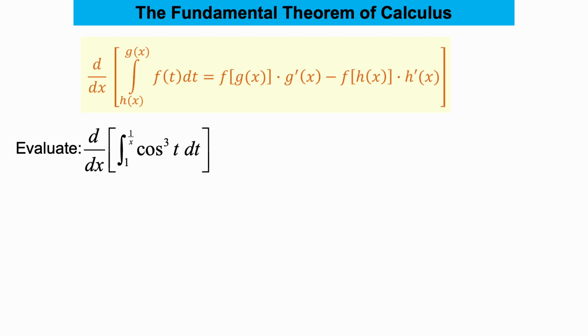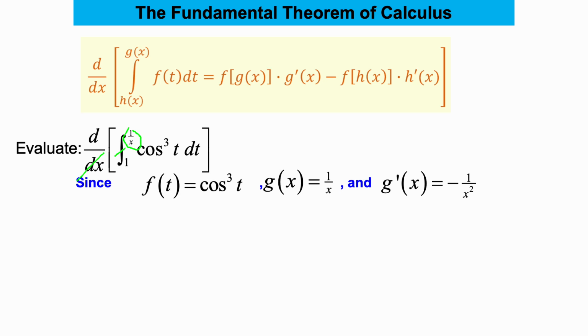Look here, we have the derivative of an integral from 1, which is a number, to a variable, which is 1 over x. In this case, the derivative will cancel the integral, but at the same time, we will replace with 1 over x. Since it is a function, not only x, we replace, then we multiply it by the derivative of 1 over x, that we know is negative 1 over x squared.